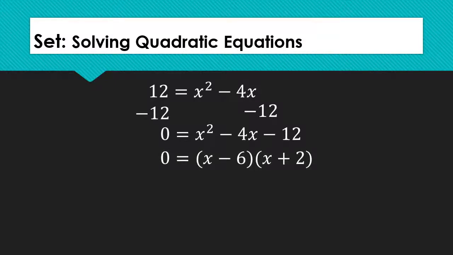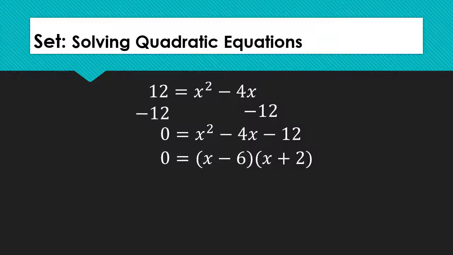Again, the first terms in each of our factors must have a product that's equal to the first term in our trinomial. The last two terms must have a product that's equal to the last term in the trinomial. So negative 6 times positive 2 gives me the negative 12.